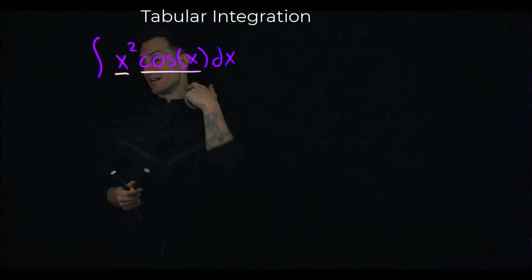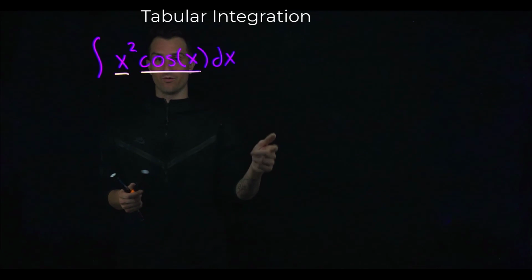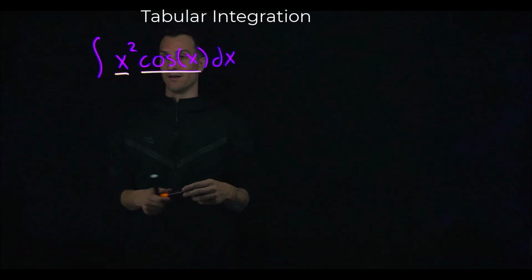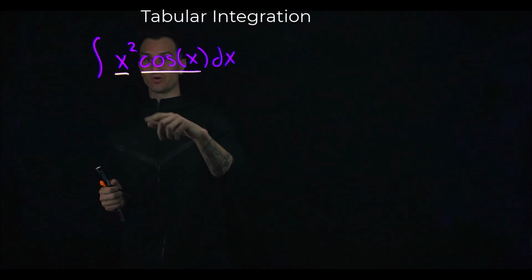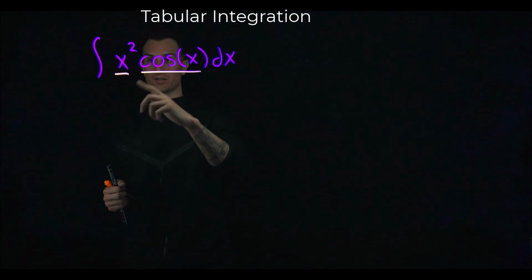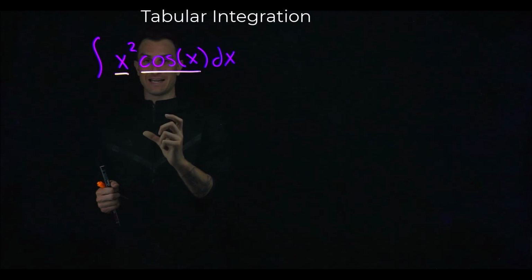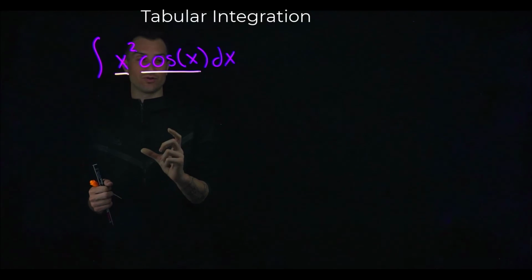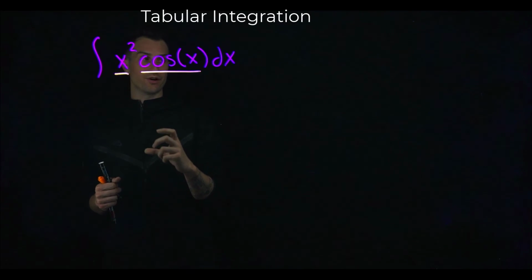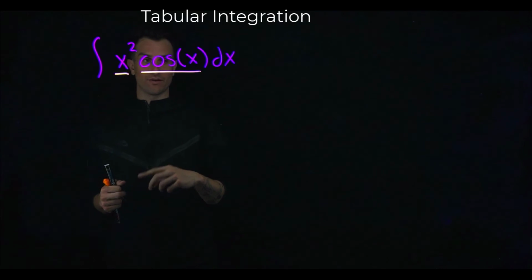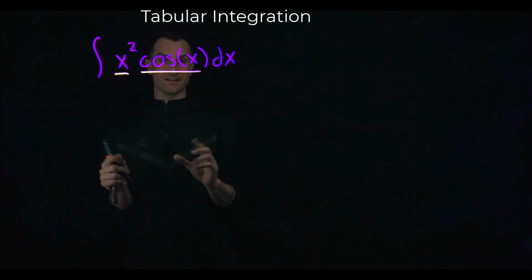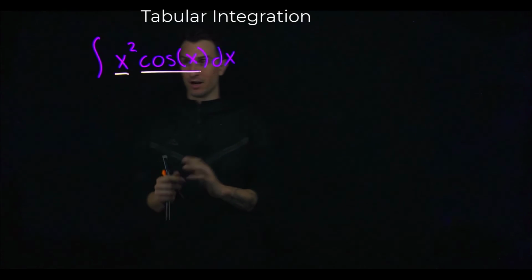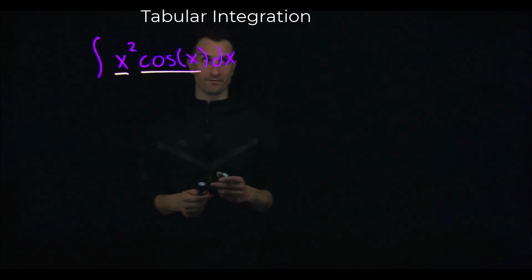Cosine of x, if I keep taking the derivative, goes back and forth: cosine, sine, negative and positive. X squared, though, as I keep taking the derivative, what do I get? X squared, 2x, 2, 0. So that tells me that I can use tabular. One of the functions, as I keep taking its derivative, has to go to 0. If we don't have either function that does that, we can't use tabular. So that has to be true.